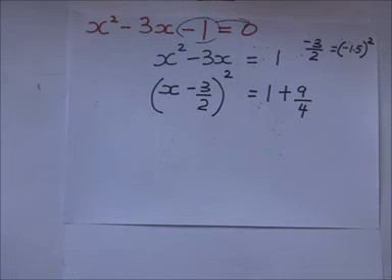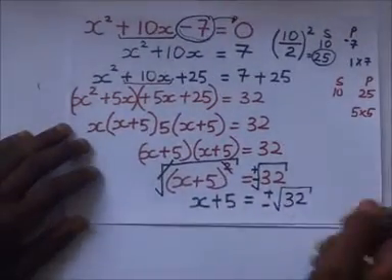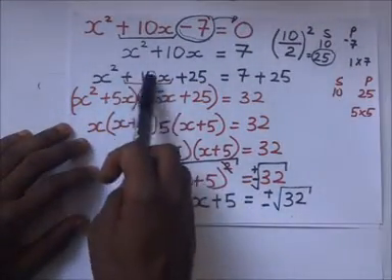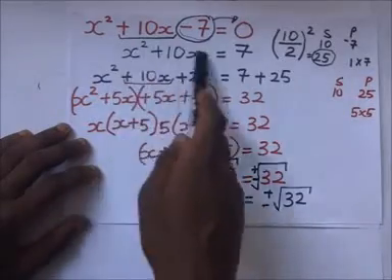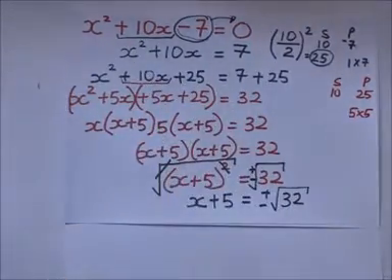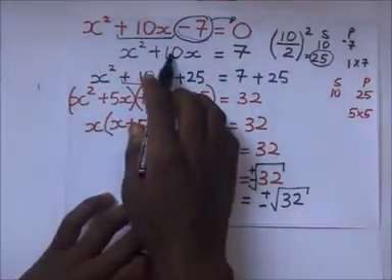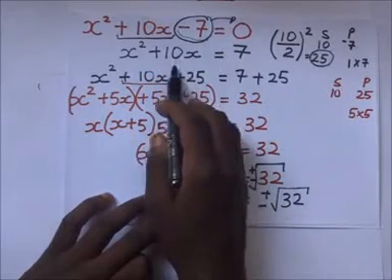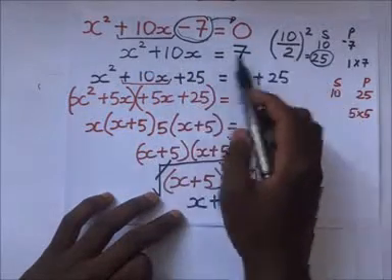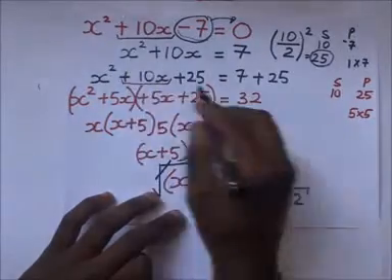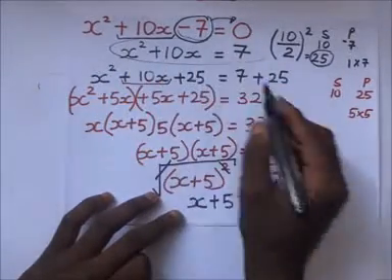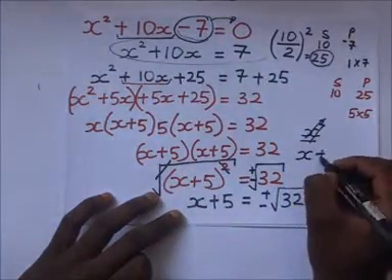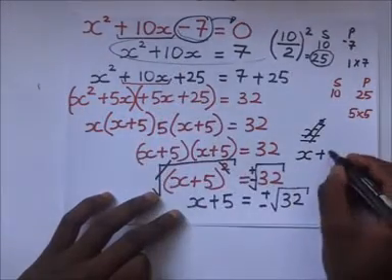I want to relate this to some of the numbers we did before. If we were at this level, it would simply have been 10 divided by 2. What is 10 divided by 2? It is 5. So we would simply come from this level and say it's going to be x plus 10 divided by 2, which is 5.